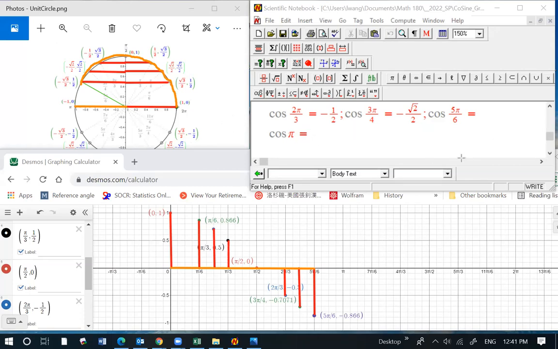What is the arc length? The arc length is from here all the way. That's the arc length. Okay, the arc length straightens up. We're just going to measure all the way there.